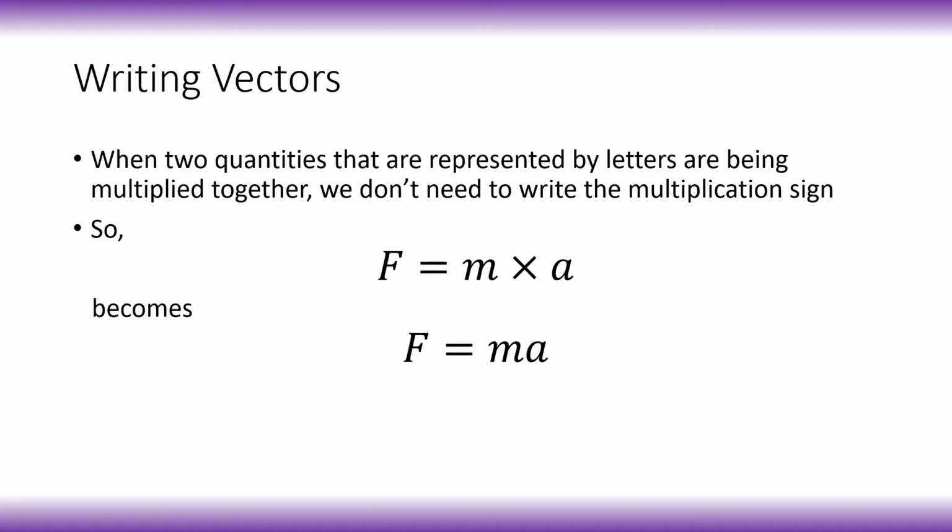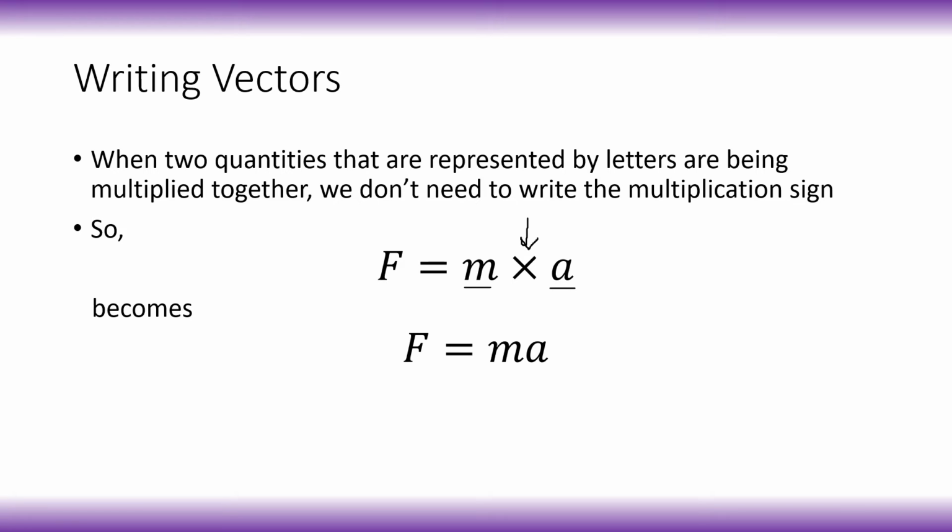Now, before I get to that notation, I'm going to make our lives even simpler. When we're writing different quantities in math and physics, where we're representing them with letters and not with numbers, I don't really need to write this multiplication sign in the middle. We can sort of ignore that multiplication sign.